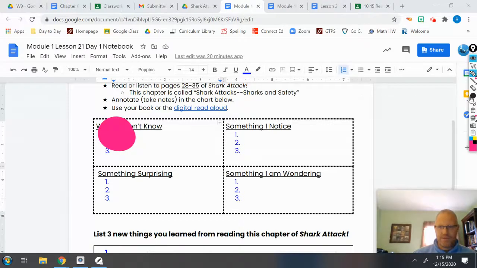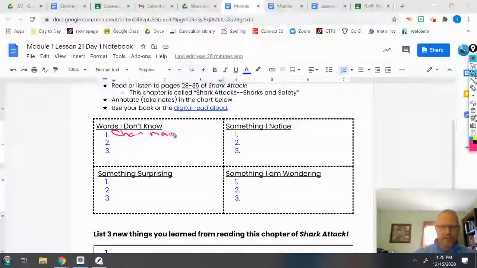This is something that we're not used to. So chainmail might be something you're not familiar with. So it was spelled chainmail. And with that, you can put that into yours and then think of another word you didn't know.